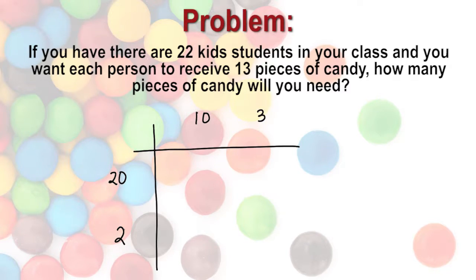Write the decomposed numbers on the outside of the array bar. On the left, draw the lines and dots to represent 10, 10, and 2 ones. On the top of the bar, draw lines and dots to represent 10 and 3 ones.